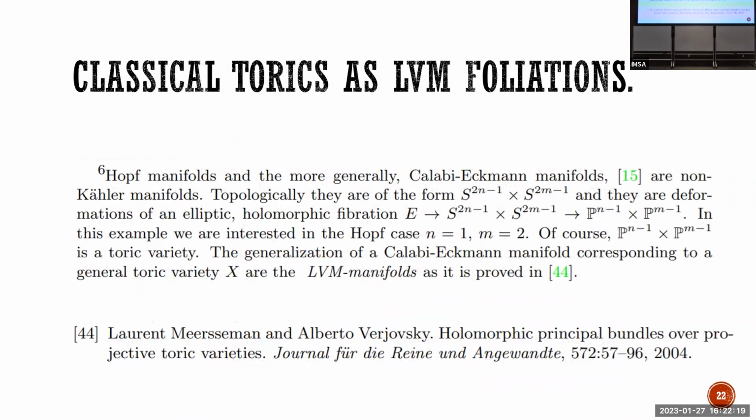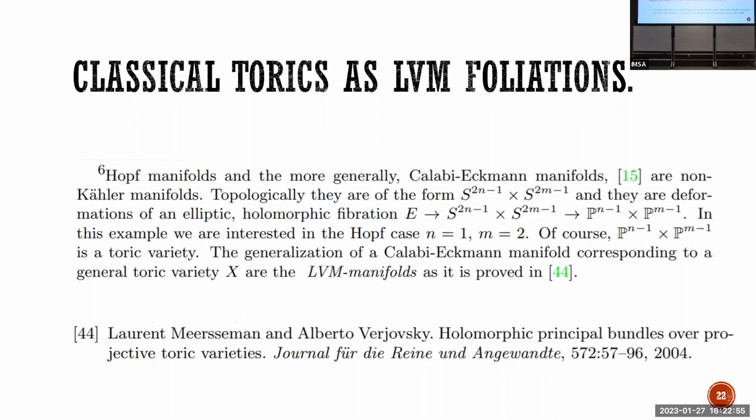So this can be generalized, of course. Take just the case of Pn minus 1 cross Pn minus 1. Then you get the classical Calabi-Eckmann manifolds that have the topology of S2n minus 1 cross S2n minus 1. And you get the same phenomenon. You get this foliation, which is exactly an elliptic fibration, or you get leaves that wind crazily depending on this arithmetic dichotomy that I was talking about.